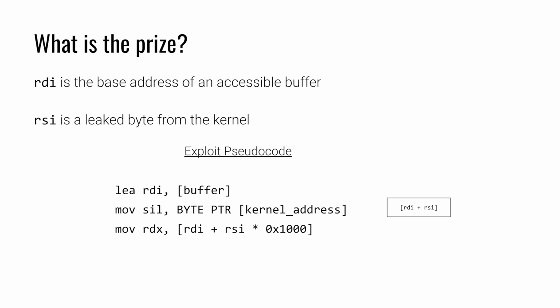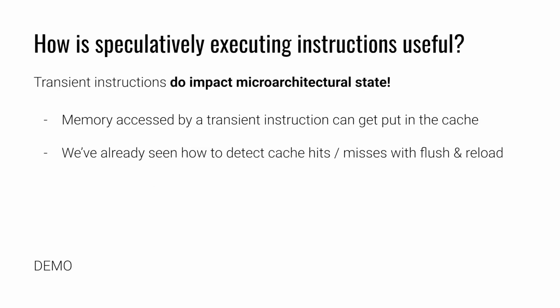And so what this allows us to do is leak bytes from the kernel address by figuring out what index into the buffer is in the cache. Let's do a quick demo and see this work.